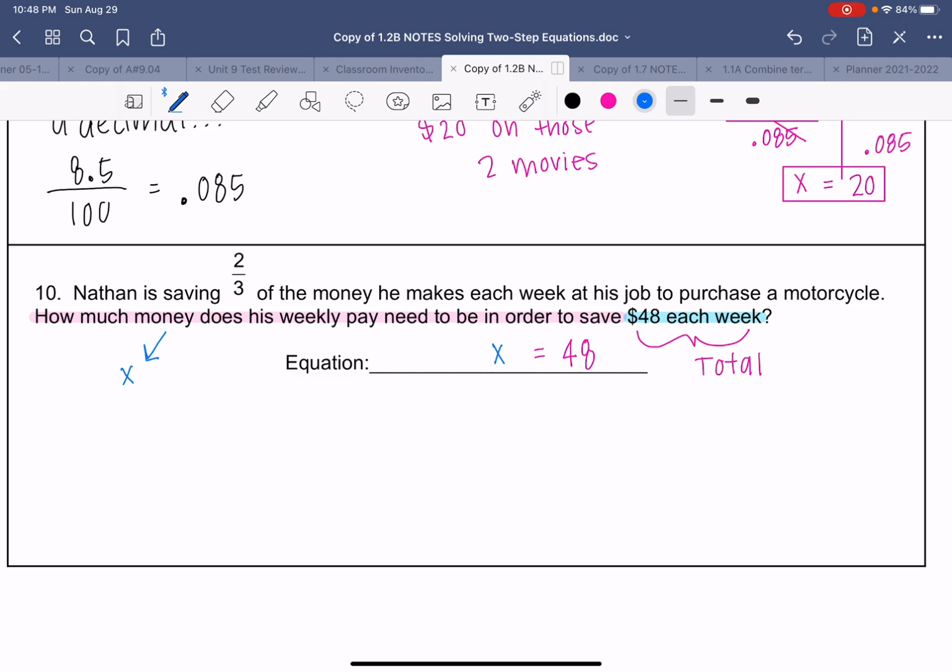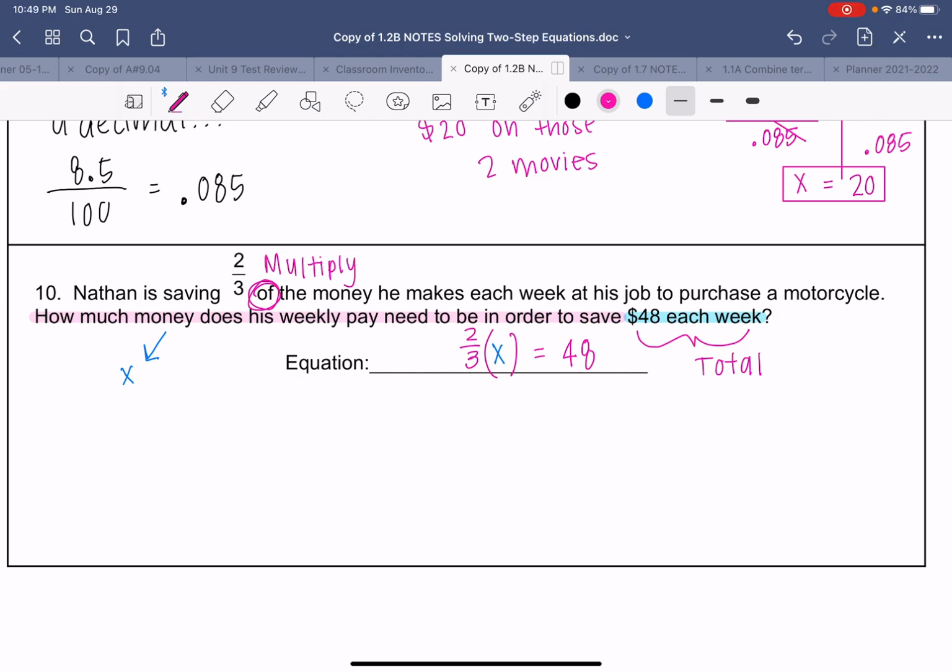He's wanting to save the money that he does make. So the operation we need to use is multiplication, because it is a part of his money. It's 2/3 of whatever he makes, and "of" means multiply.